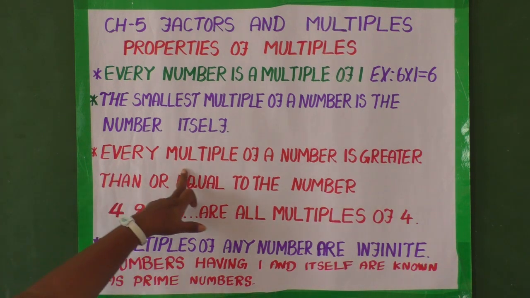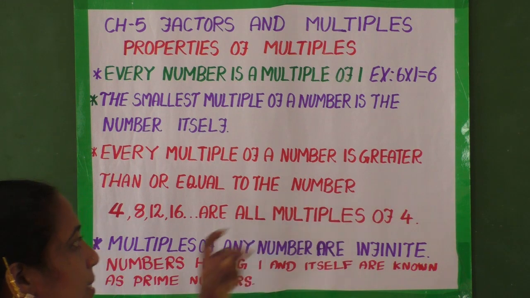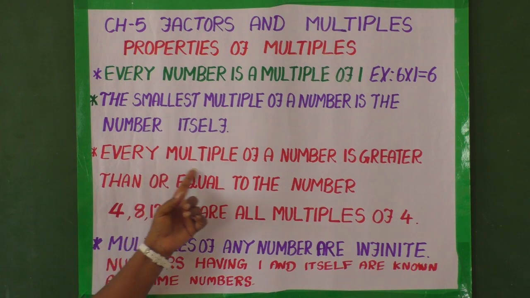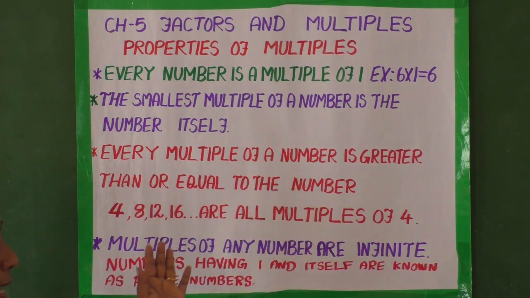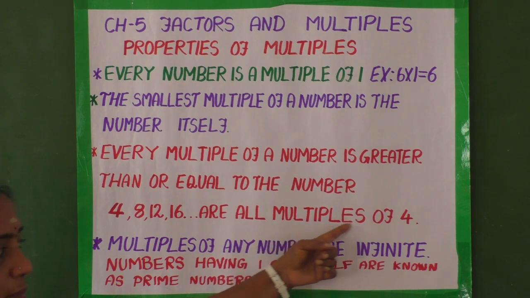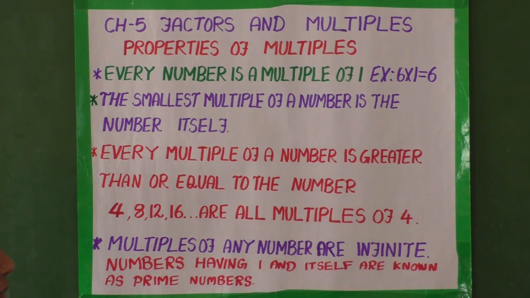Then every multiple of a number is greater than or equal to the number. Yes, it's true, isn't it? See, 4, 8, 12, 16 are all multiples of 4.